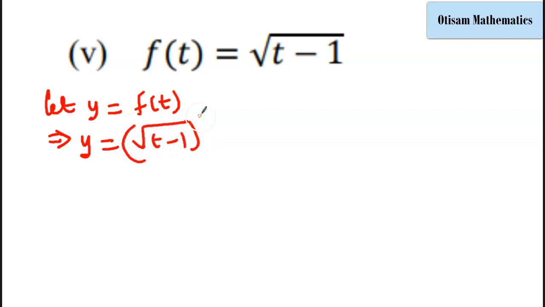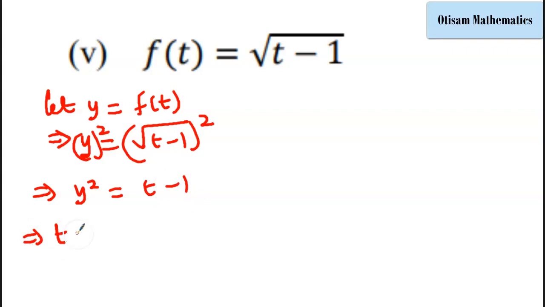So let's square both sides to take care of the square root. Which implies that y squared is equal to t minus 1. So this implies that t will be equal to y squared plus 1. We send this 1 to this side.